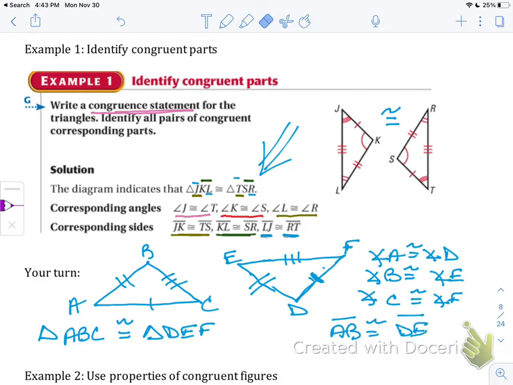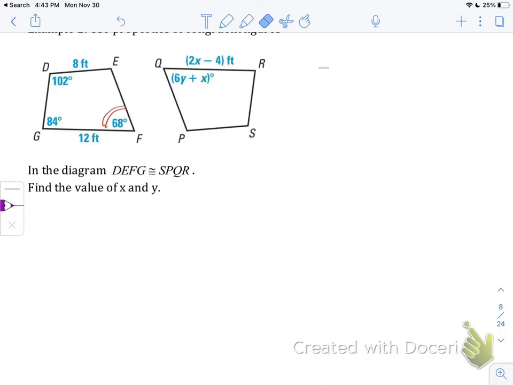And this is our segment. BC is congruent to EF. And they're segments. And then last and first, CA is congruent to FD. Okay? So that is what I expect you to be able to do. Okay, let's go to the next page for more practice.